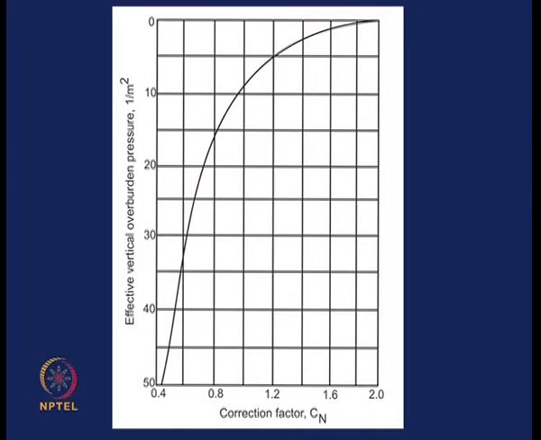So, at shallow depth the corrected value will increase, and at larger depth the corrected N value will decrease compared to the measured N value in the field. This is happening because of the effect of effective vertical overburden pressure.